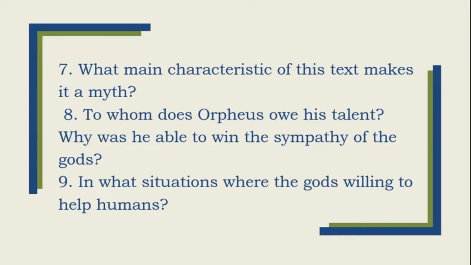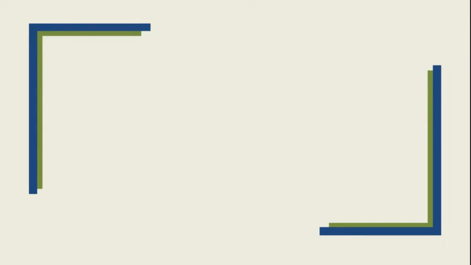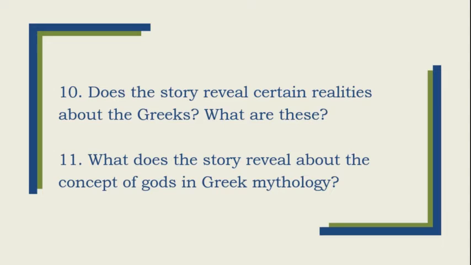Why was he able to win the sympathy of the gods? And 9. In what situations were the gods willing to help humans? Number 10. Does the story reveal certain realities about the Greeks? What are these? 11. What does the story reveal about the concept of gods in Greek mythology?